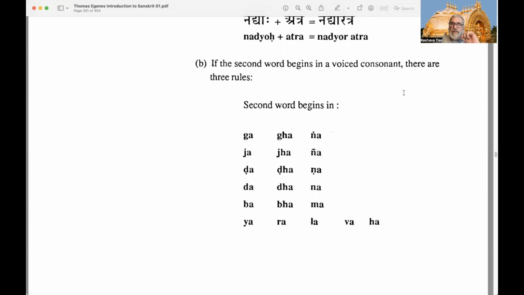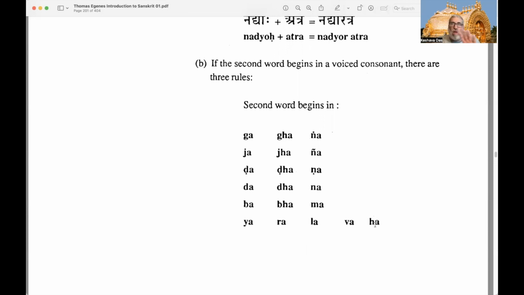with a voiced consonant? There are three rules. Remember what the voiced consonants are, those last three columns. If the second word begins with gagana, jajanya, dadana, babama, or the semivowels, yaralava, or the aspirate, ha.